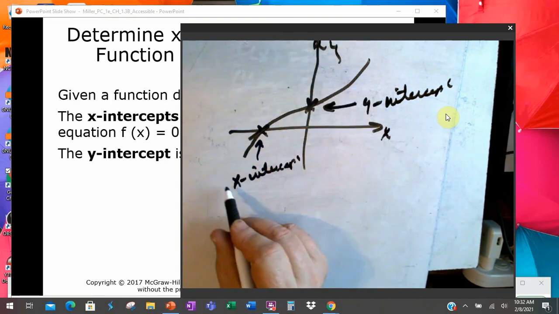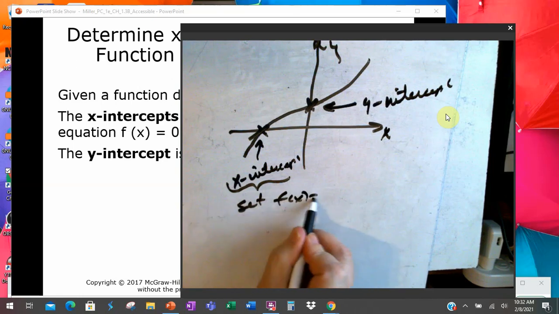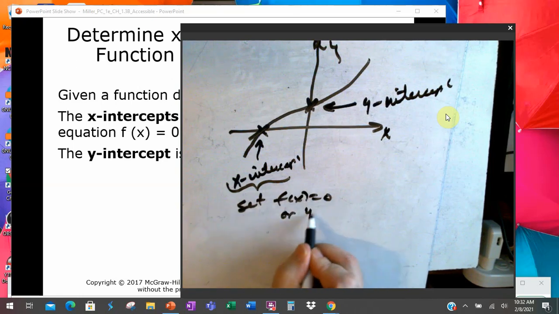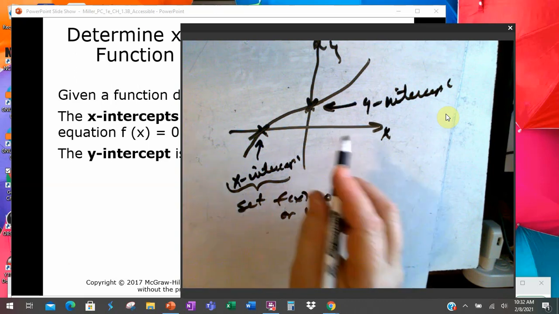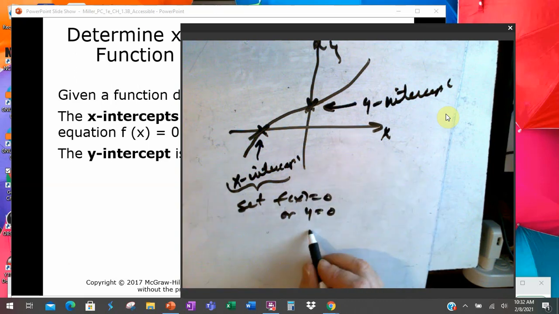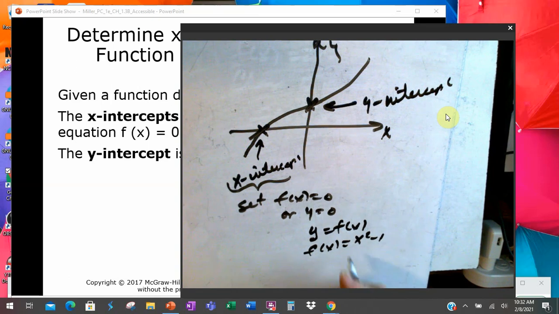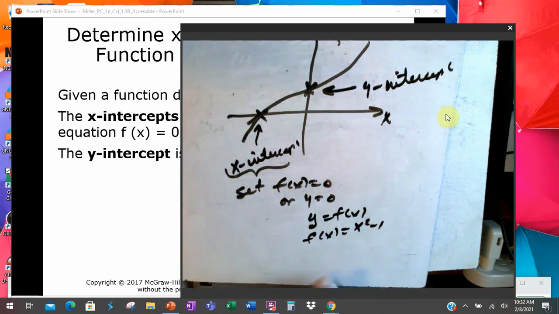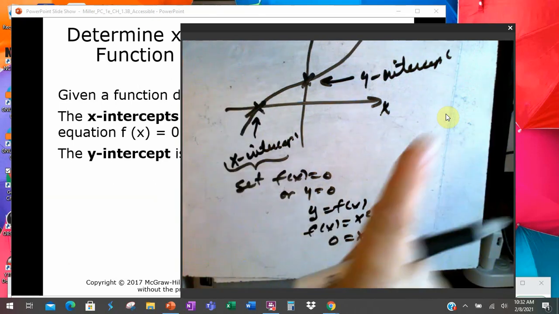And how I find this is I set f of x equal to 0, or y equal to 0. So if y is some function of x, and here's my rule, x squared minus 1, and I want to find the x-intercept, I set y equal to 0, so I solve this. So that would be the graph.